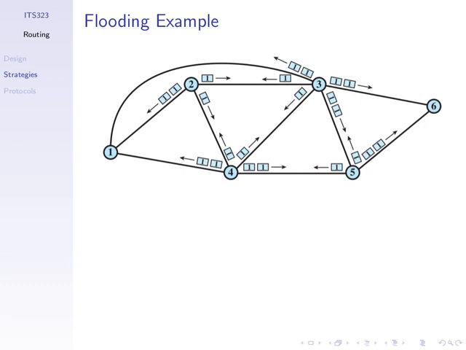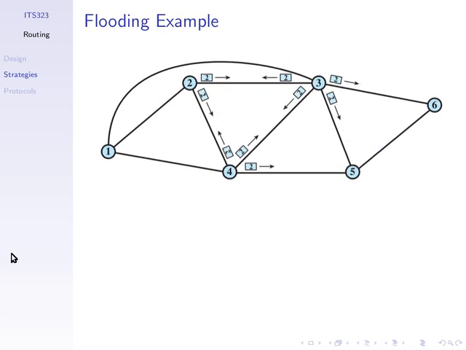Why duplicate? Because it doesn't know whether the data in these packets is the same or not. All that it knows is, I'm going to receive a packet from node 2. It contains some data. I'm about to receive a packet from node 3. It contains some data. We don't know that it actually comes from the same original packet.